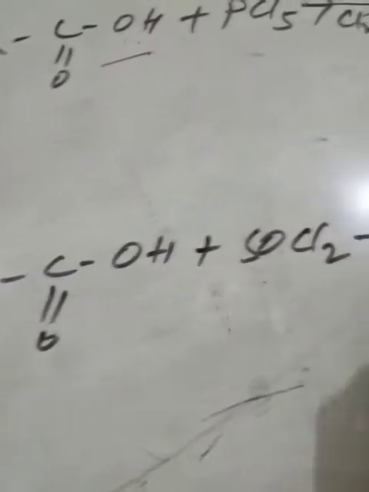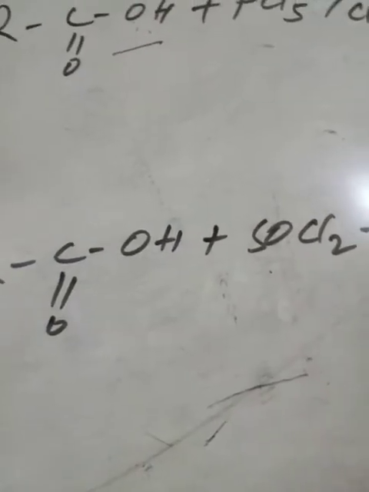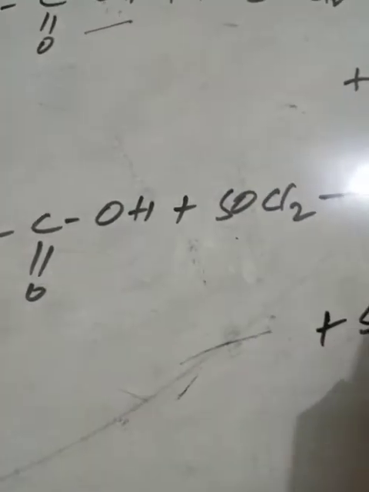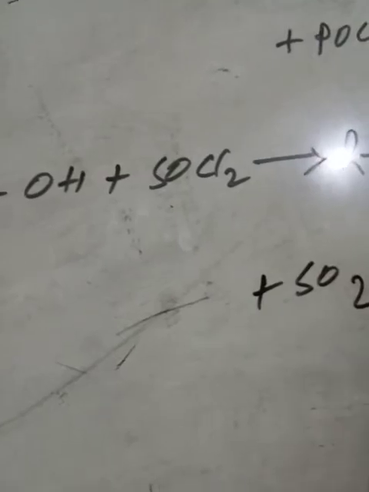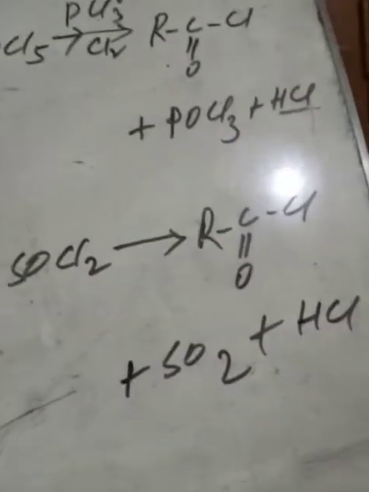This type of reaction is also observed in alcohol. You will get RC double bond OCl, plus SO2 plus HCl. Both reactions show that the carboxylic acid is a monocarboxylic acid.